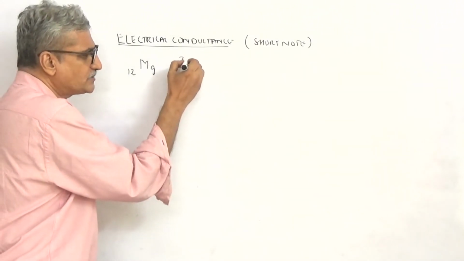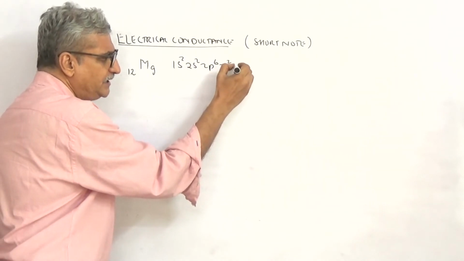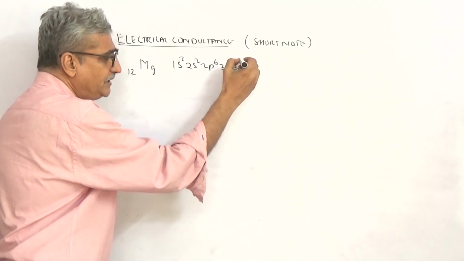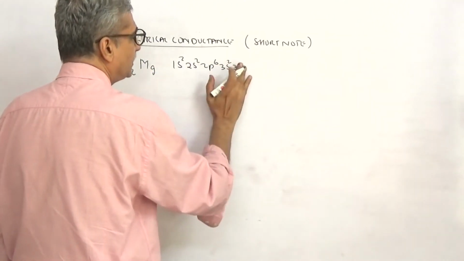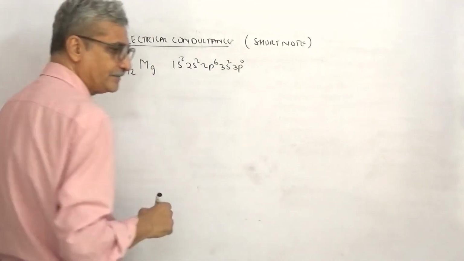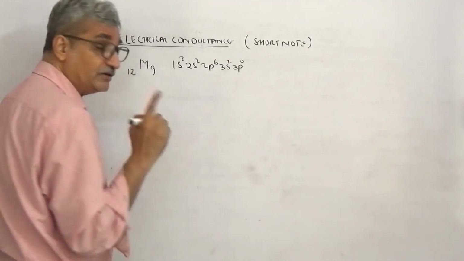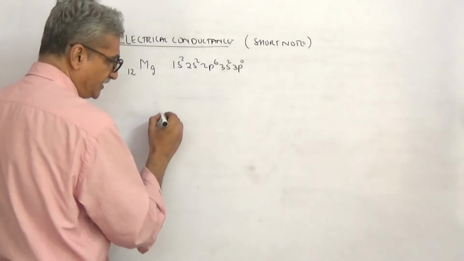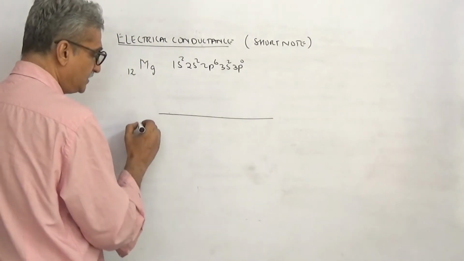So 1s2, 2s2, 2p6, 3s2, 3p0. So what happens is, see, we are talking about molecular orbital theory. So there are molecular orbitals. Which are the molecular orbitals?